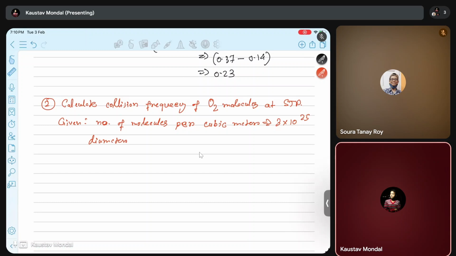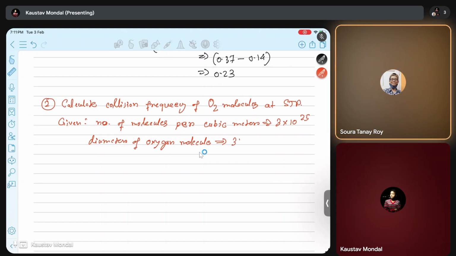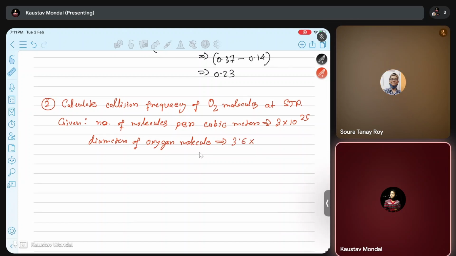Diameter of oxygen molecule is given. So they are basically approximating the oxygen molecule as a spherical kind of particle, considering it as a hard sphere. That's why in the question they mentioned this as a diameter.